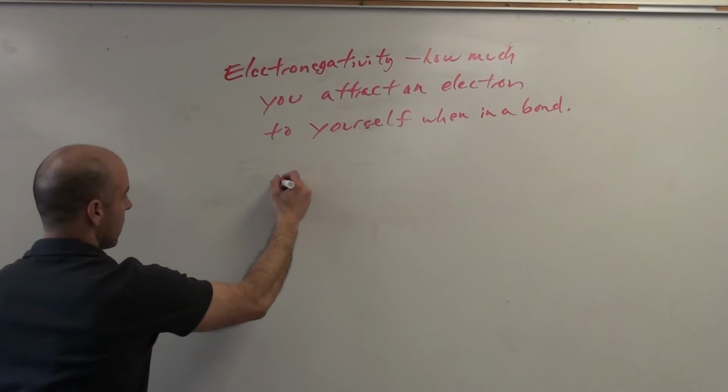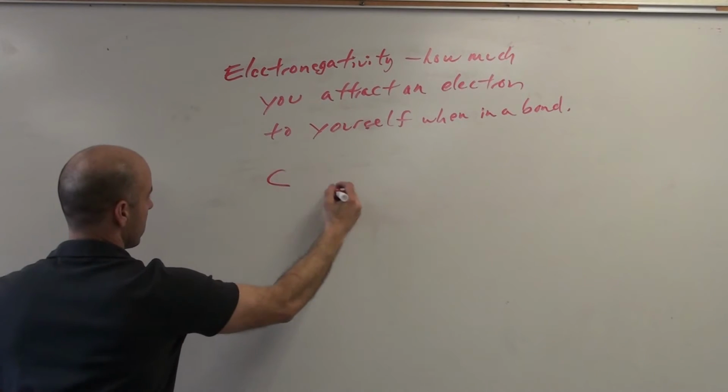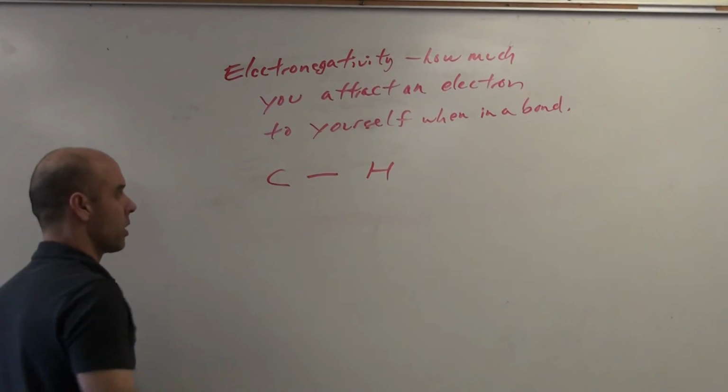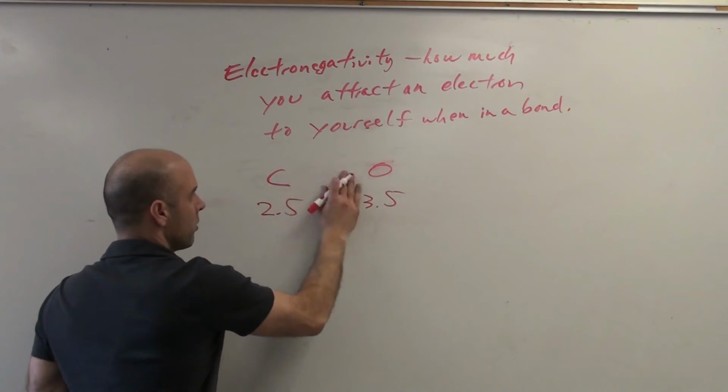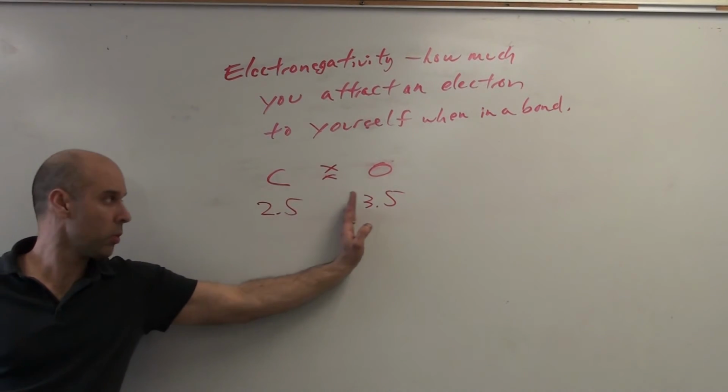So let's do a carbon-oxygen bond. Carbon is 2.5 and oxygen's 3.5. You've got a shared pair of electrons in there. The oxygen is going to pull the electrons closer to it.